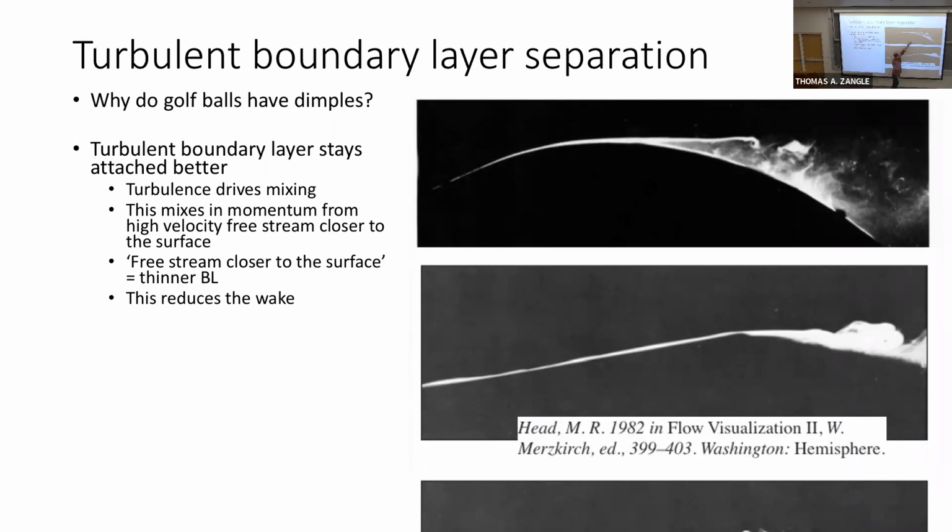So here is flow around, for example, the top of a cylinder or the top of a sphere we're visualizing. Then we're visualizing the boundary layers as we go over. And in laminar flow, with a laminar boundary layer, we get pretty early separation. But with turbulent flow, we end up with that boundary layer staying attached to the surface just a little bit longer. And that has the effect of reducing the wake.